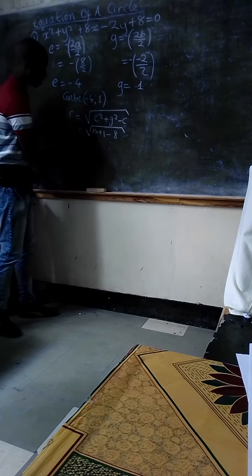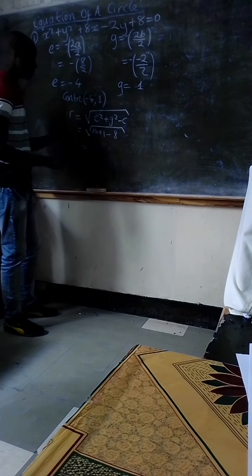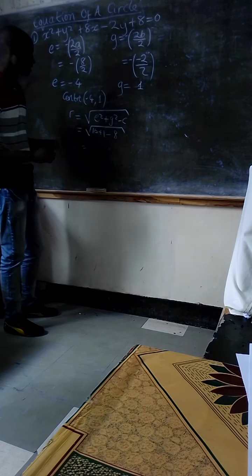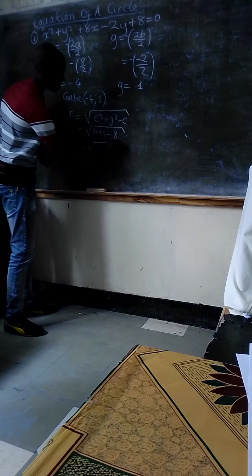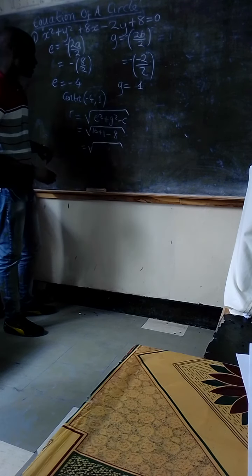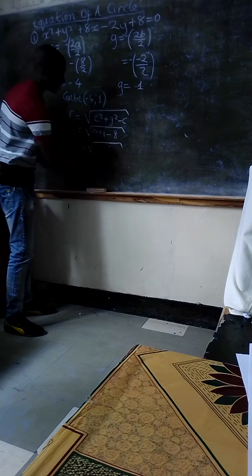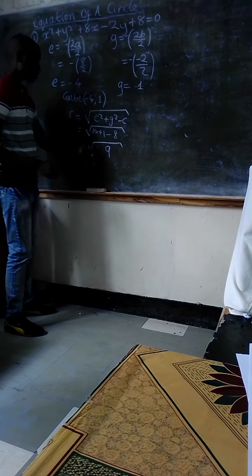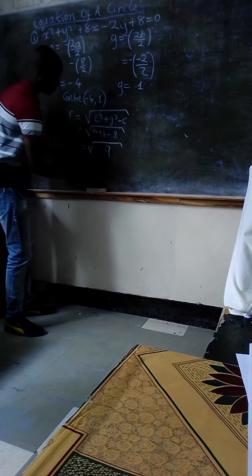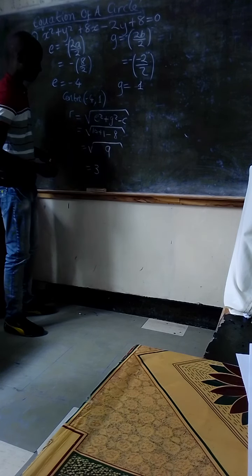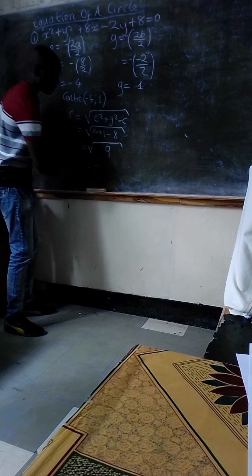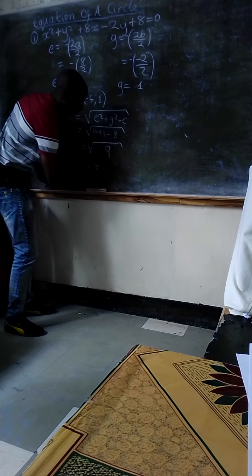This is a simple arithmetic construction. So we look at this and say we get a 9. Okay? The square root of 9 is 3. Okay? And therefore our radius would be 3 units.